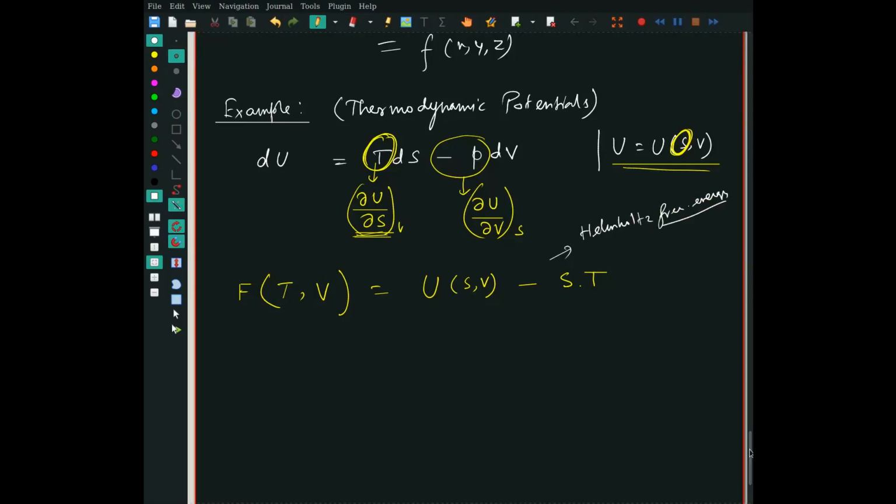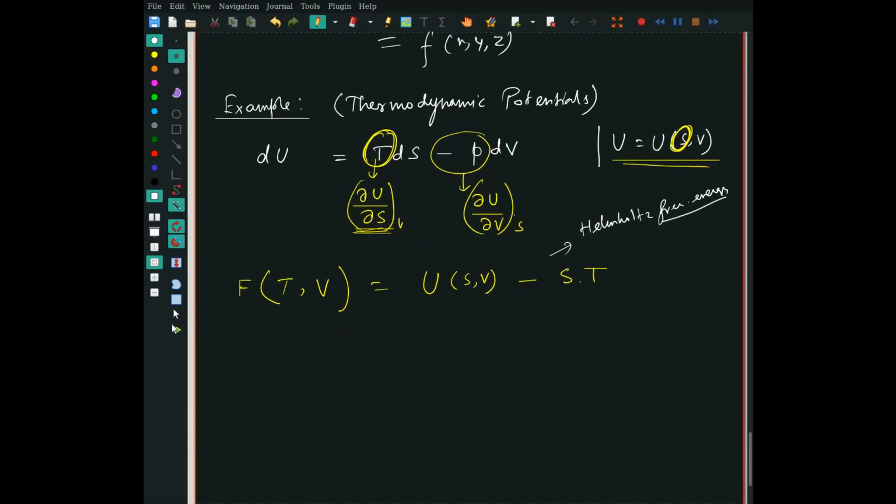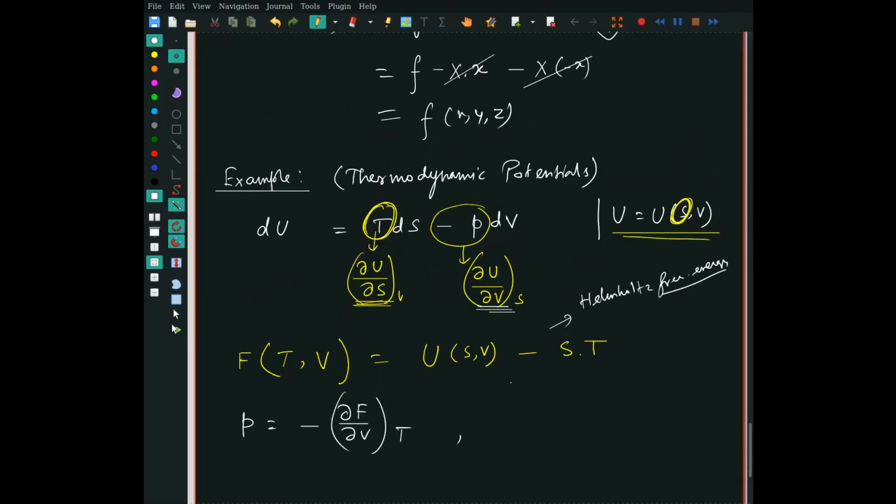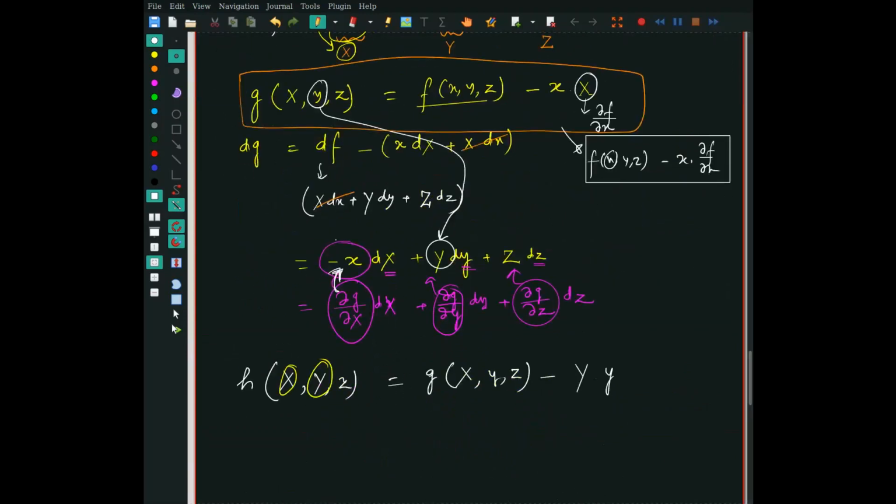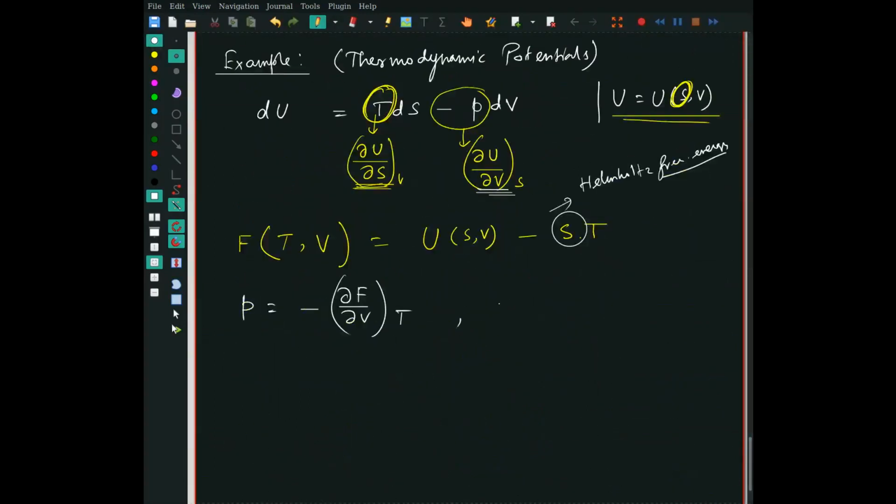Since you are not doing anything with the V variable, you still get P equals minus del f del V when T is constant, but now you will get S equals, so the old variable S, and if you compare with this, the old variable was x, S would be minus del f del T when V is constant.